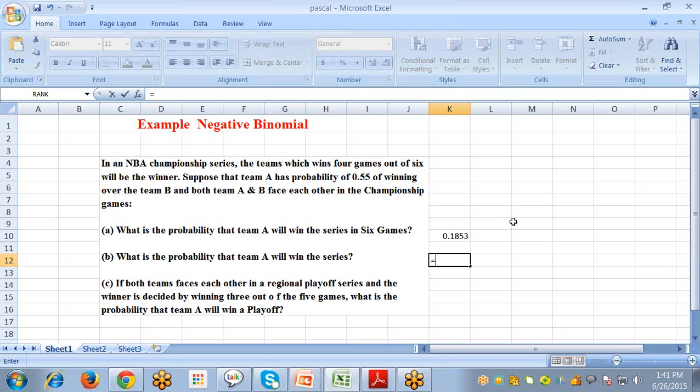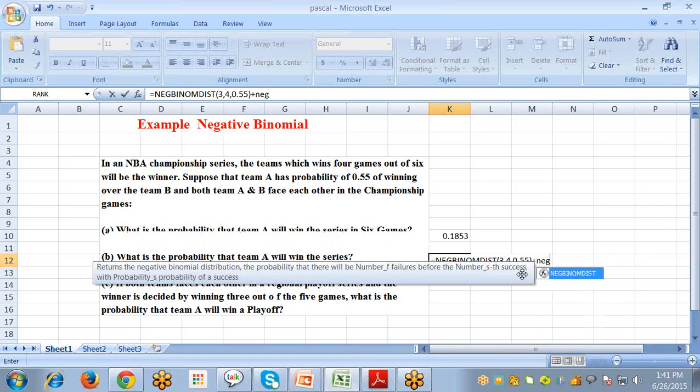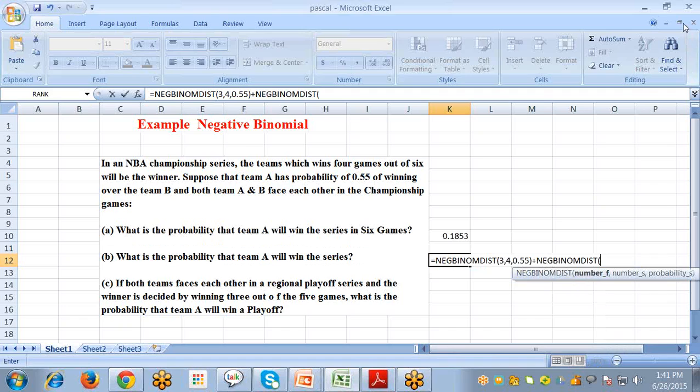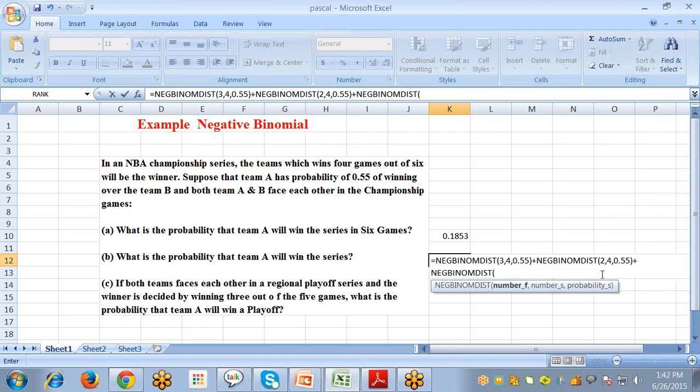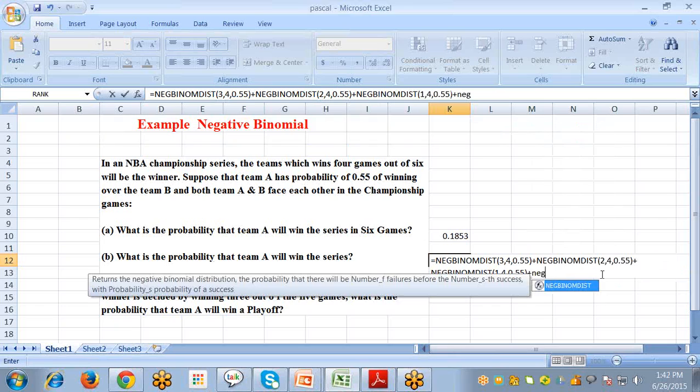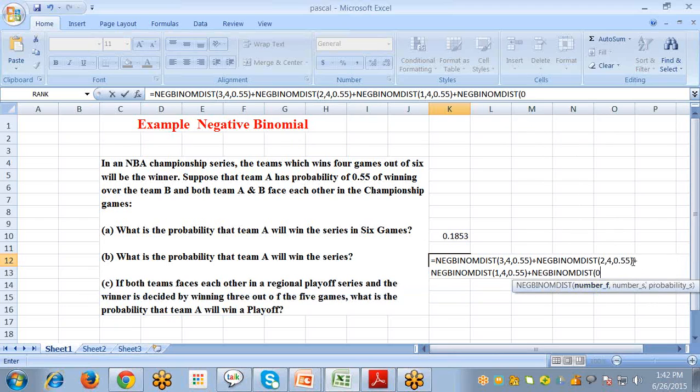How will it be calculated? Just select the cell, type an equal sign, type the negative binomial distribution function, then first the number of failures 3, number of successes 4, and probability 0.55, and then plus the negative binomial distribution function with 2, 4, 0.55, then plus the function with 1, 4, 0.55, and then plus the function with 0, 4, 0.55.